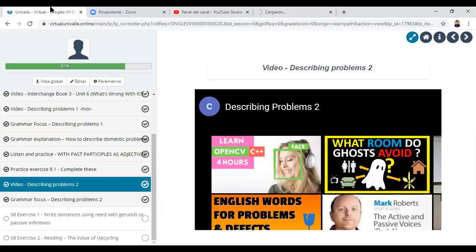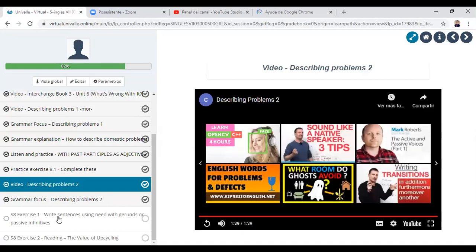Okay, guys, we're going to continue with our lesson of the class, and here we have an exercise that is going to be evaluated. Write sentences using need with gerunds or passive infinitive.